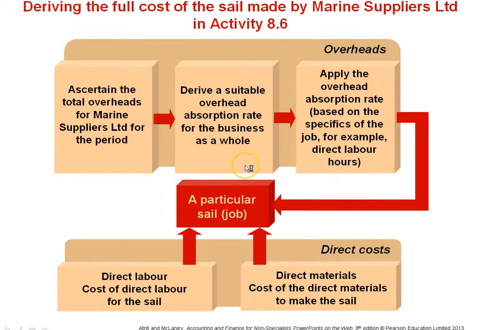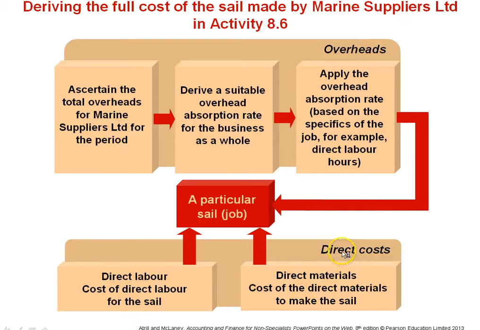So how are we going to look at our overhead? I don't want to go into this particular activity. You can read it for yourself in the textbook, but this is the typical way in which a cost is made up. Our full cost is made up. We've got overheads and we've got direct costs. Let's deal with the simple ones first.